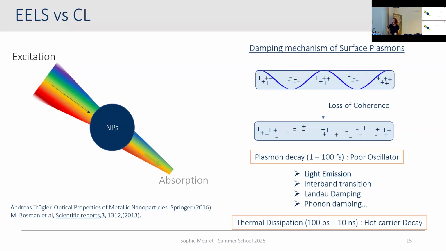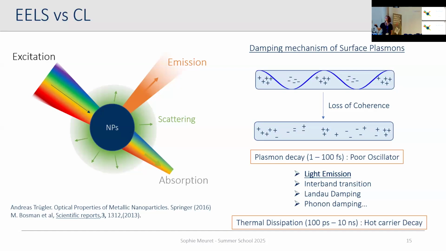Okay, so if we have light emission, then it means that we can also study the plasmon that we excite through light detection. So let's see how EELS and CL are connected and what kind of property we are probing when we are looking at the cathodoluminescence signal coming from an excitation of a nanoparticle with an electron beam.